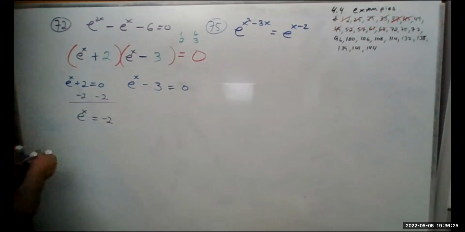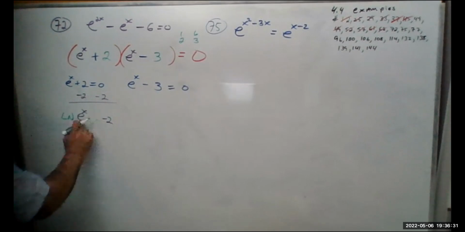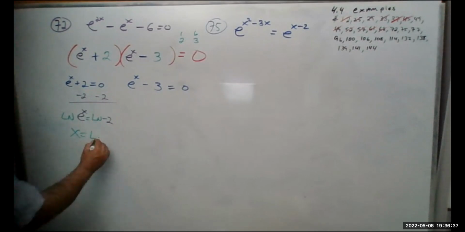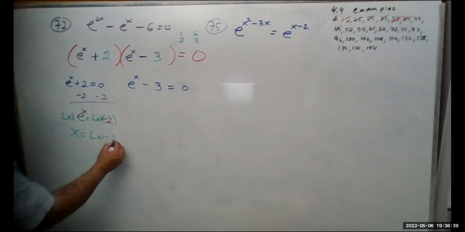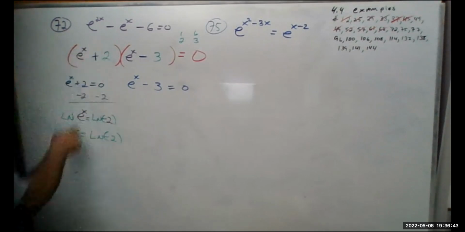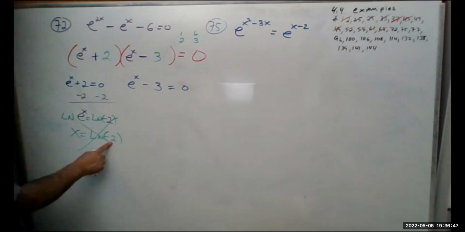And now to solve for x, to undo e to the x, you take the natural log of both sides. And you realize natural log of a negative 2 is impossible. This factor right here gives us no solutions because you can't take the natural log of the negative 2.